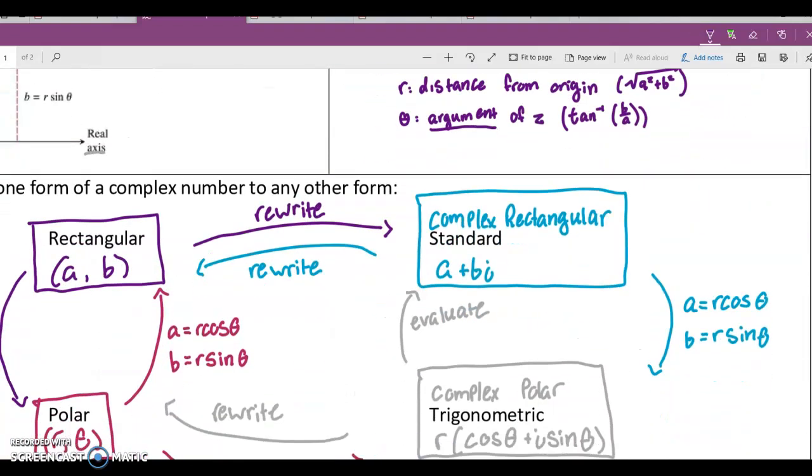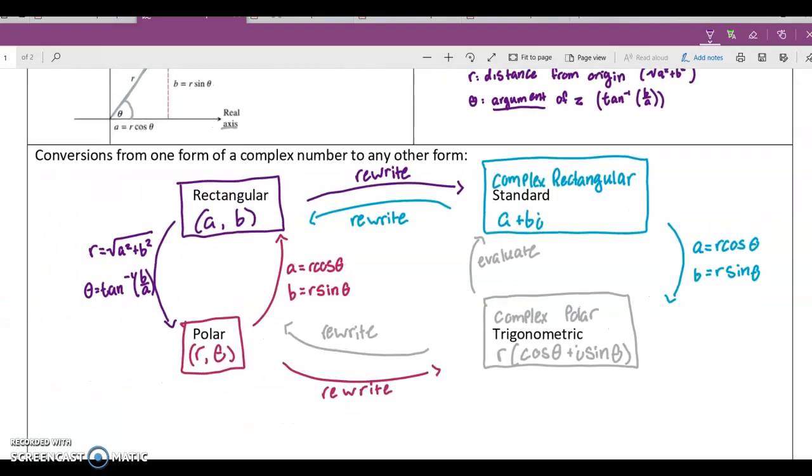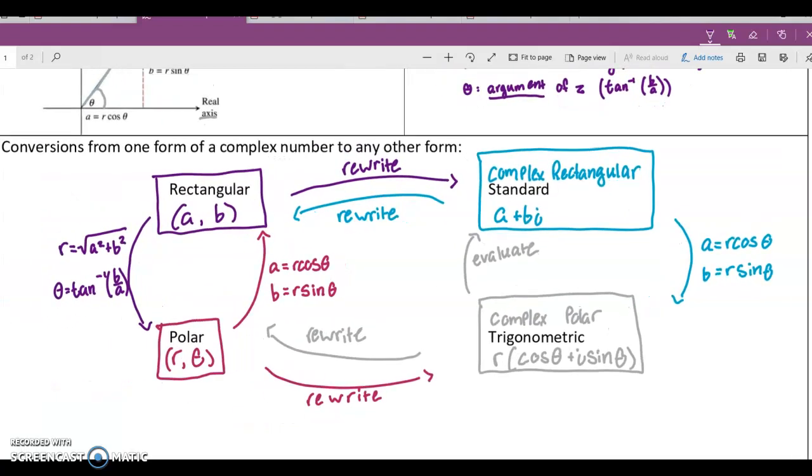So I want you guys to take a minute, pause the video, and copy this down into your notes. This will be so helpful for you because we have 4 forms of complex numbers, okay, or 2 forms of complex and then 2 forms of ordinary, not complex, simple numbers. So rectangular, this is just when you have your x and y coordinate.